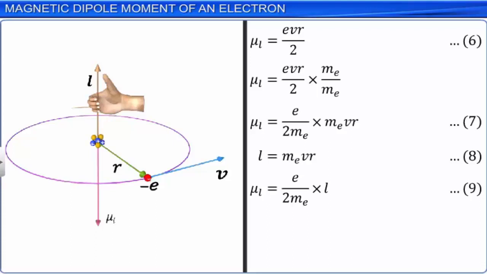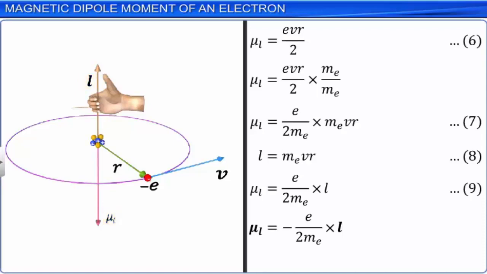Thus, we find that the angular momentum of the electron and its magnetic moment are in opposite directions. Vectorially, the relation between the magnetic moment and angular momentum of an electron is μL = −(e/2me) L. The negative sign indicates that μL and L are in opposite directions.